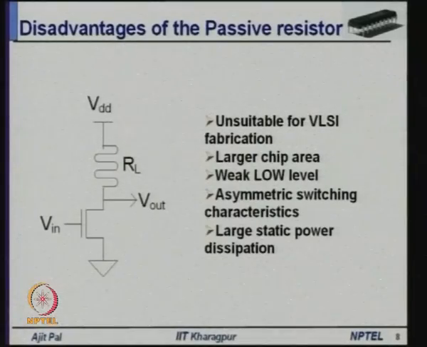Now, based on this, what are the limitations and advantages of a MOS inverter realized using passive resistor? Let us see disadvantages. First of all, it is unsuitable for VLSI fabrication. Why it is unsuitable for VLSI fabrication?